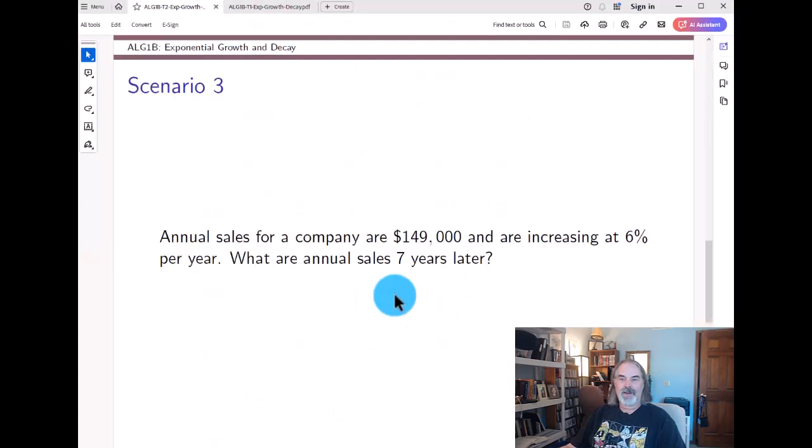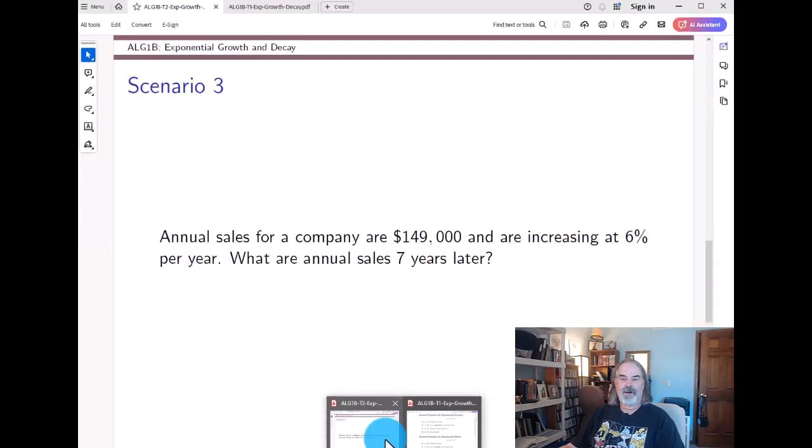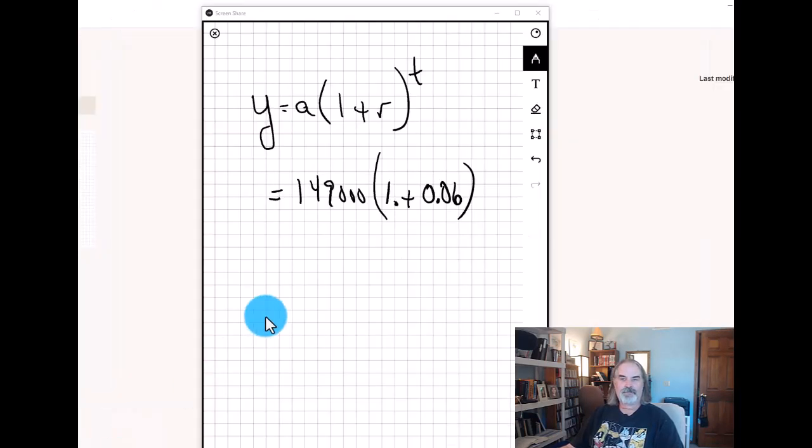Let's see, the starting amount, 149,000. The growth rate was 0.06, 6%, which is 0.06 in decimal, and we are asking for the new annual sales value 7 years later. So there we go.